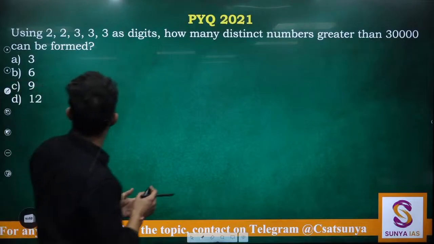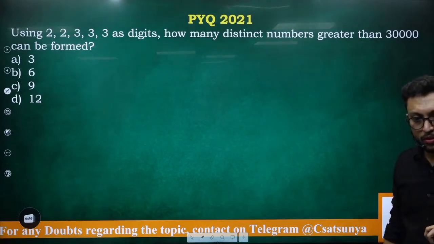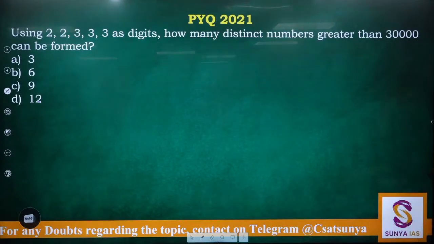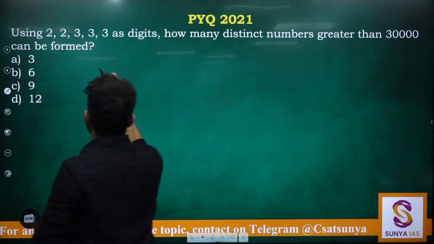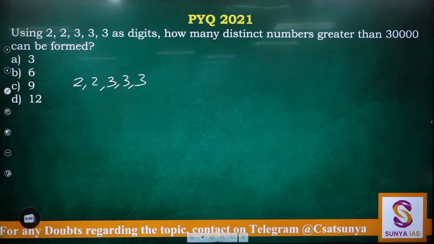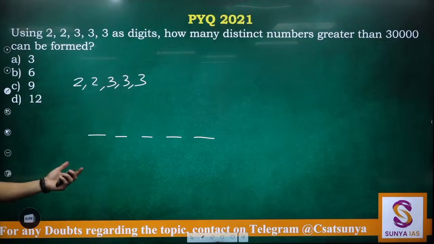अच्छा same ही क्या? It is not actually same, थोड़ा सा different है. करो. Again you have total 2, 2 and 3, 3, 3. You have these. You need to form a number greater than 30,000. For a number to be greater than 30,000, this particular place has to be filled with a 3.